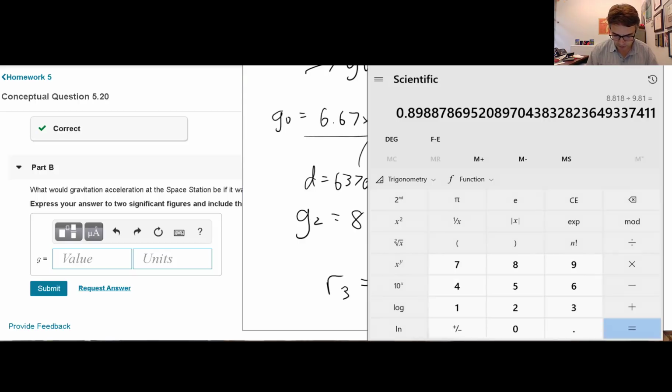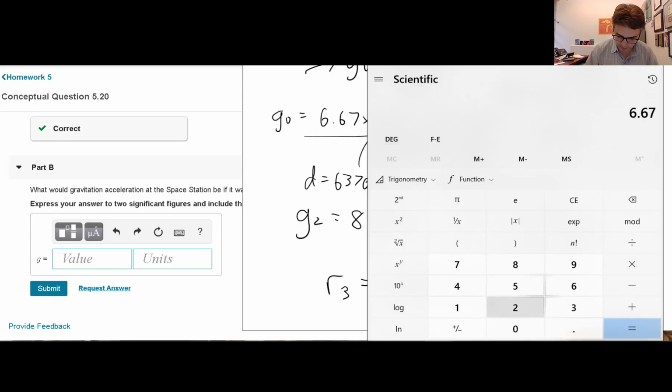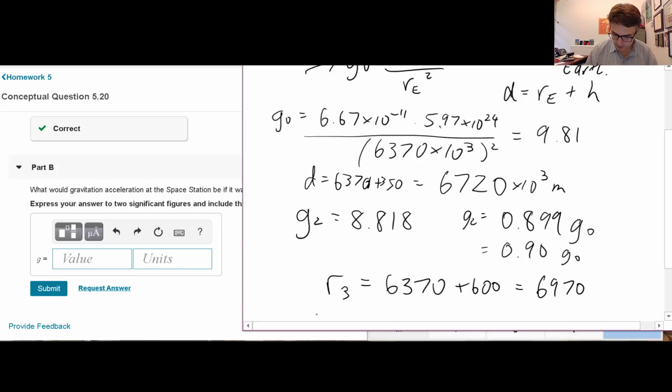So once again, we'll just go into our calculator here. 6.67 times 10 to the minus 11 times 5.97 times 10 to the 24 kilograms divided by 6970.